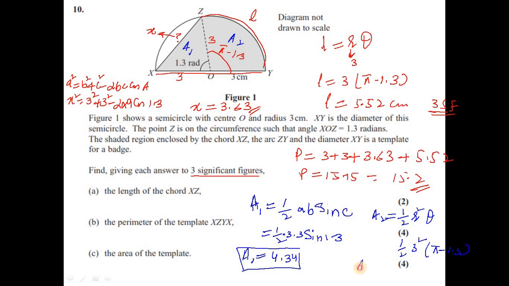So A2 is 8.29. Finally, the total area of the template A is A1 plus A2. That means 12.63, or 12.6 to 3 significant figures. This is the area of the template.